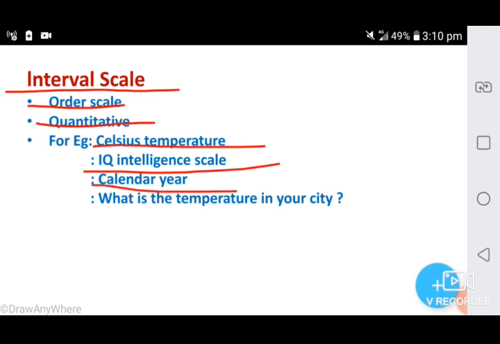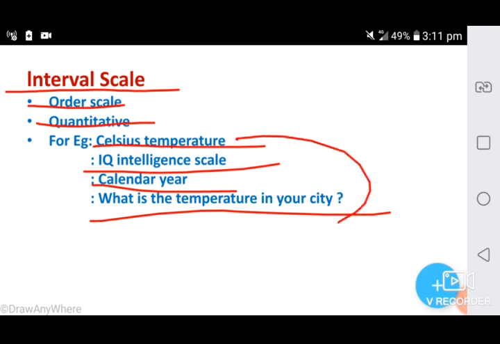Then, what is the temperature in your city? This question leads to interval scale category, Celsius temperature. So here interval scale means there is an order, and the difference between the two values is meaningful. That is interval scale.